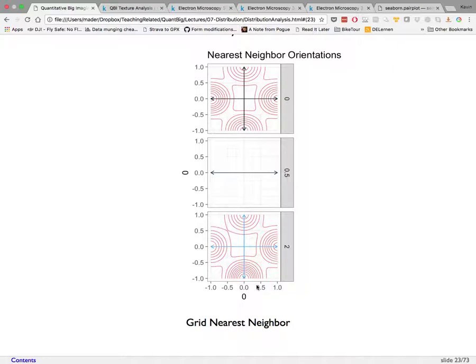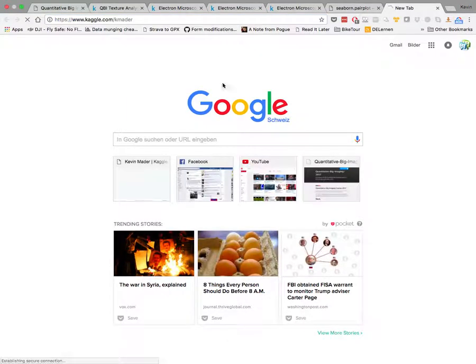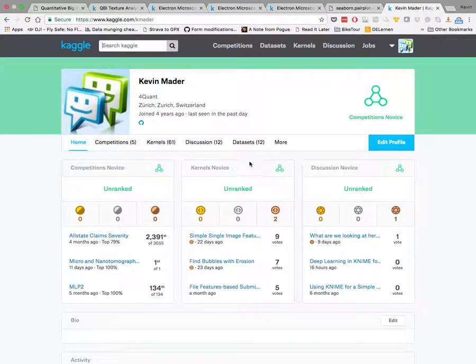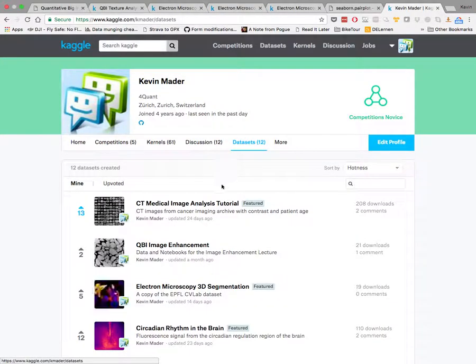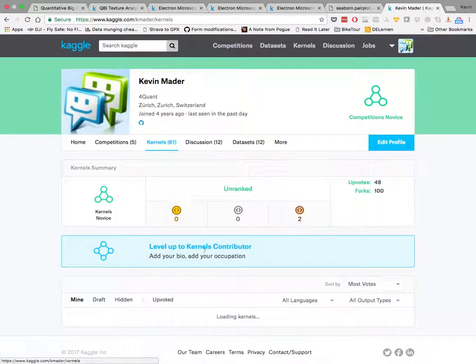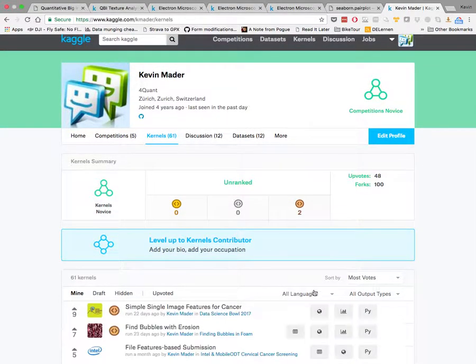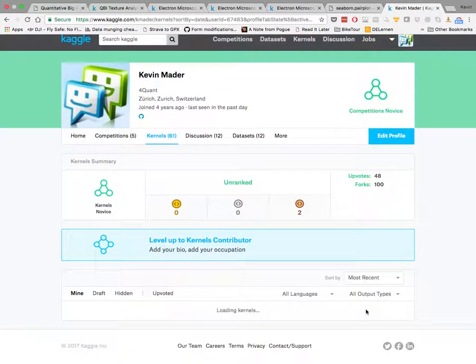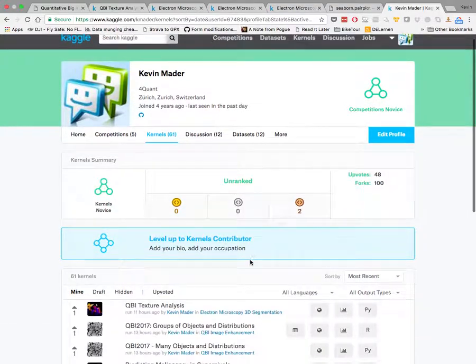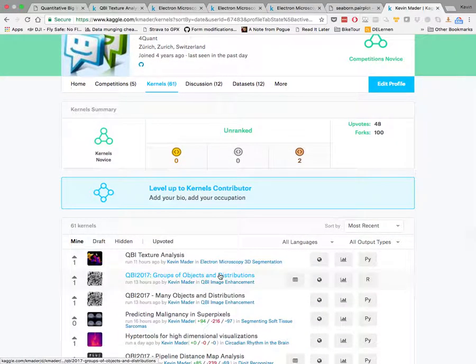And so if we look at a more concrete example from the exercises, just to justify it a little bit.